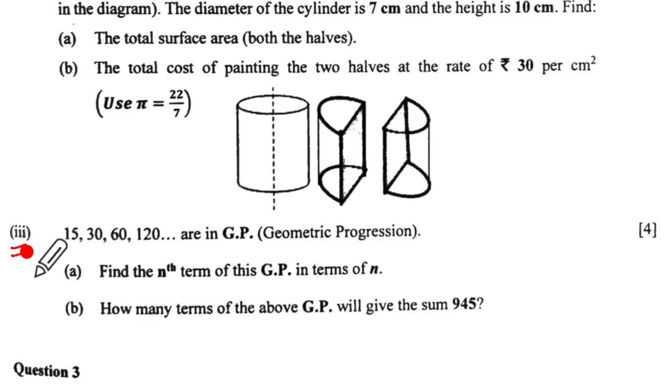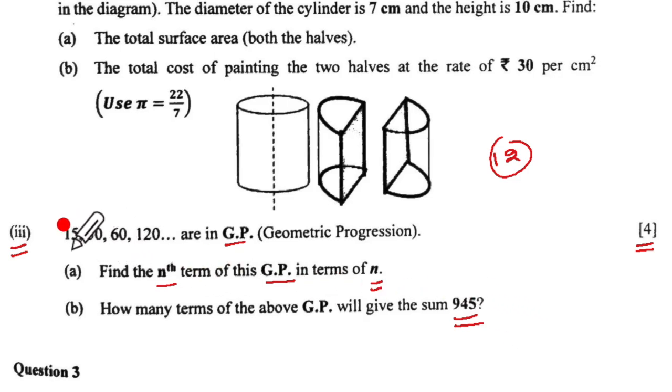Question 2, the third part, this again is for 4 marks. As I told you, question 2 is totally for 12 marks. This is given as a geometrical progression. A asks us to find the nth term of this GP in terms of n, and B, how many terms of the above GP will give the sum of 945.